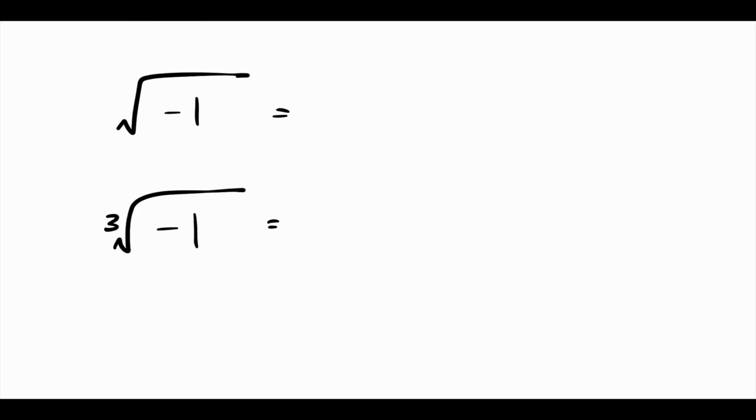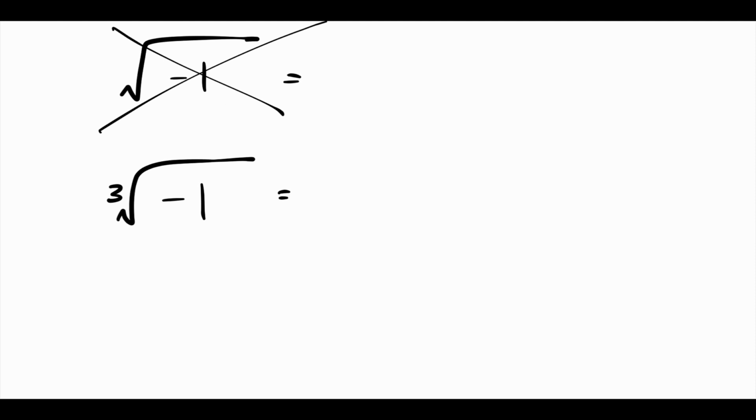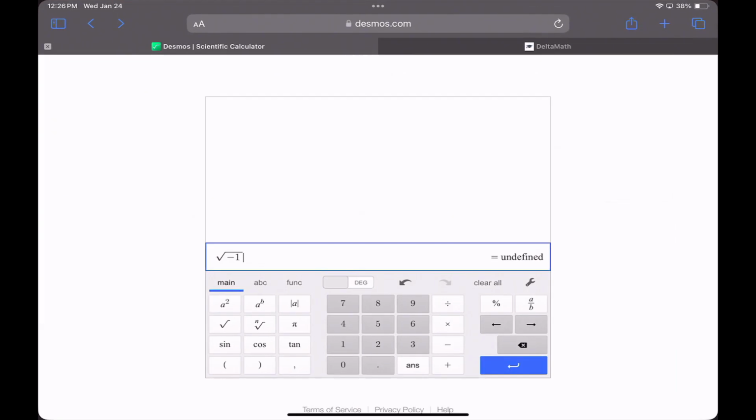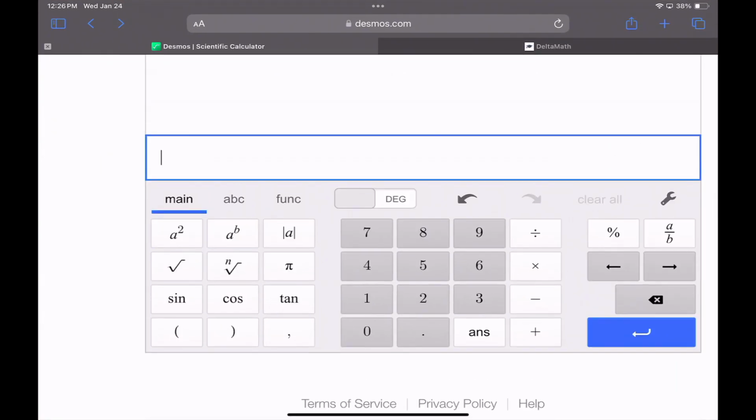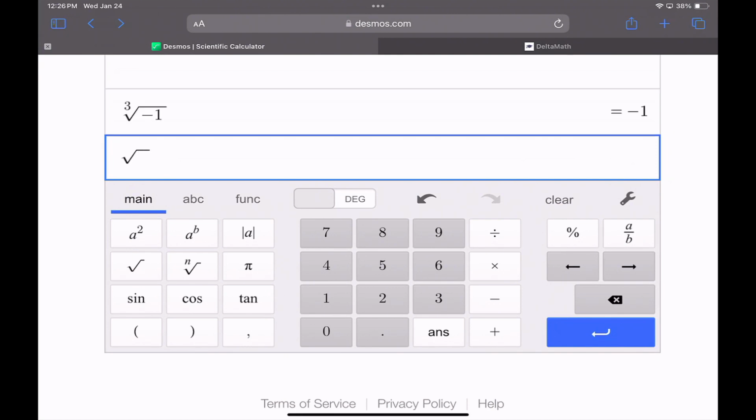But is there a triple that makes -1? Will the bottom one give me an answer? Yep, that one gives me an answer, -1. Why does the bottom one give me an answer? Why does that give me an answer, but this one not?